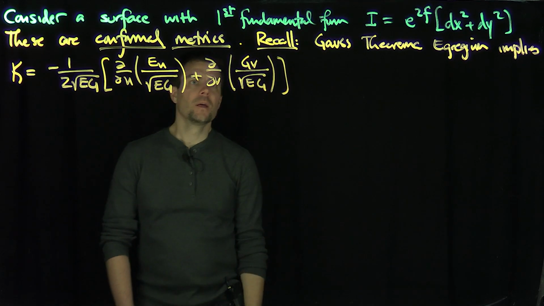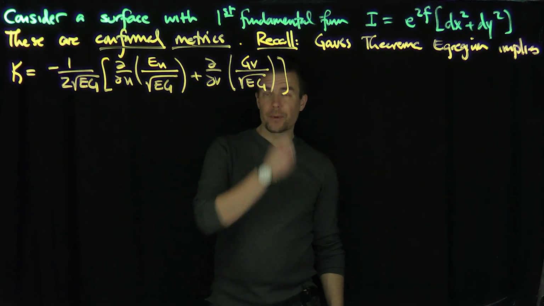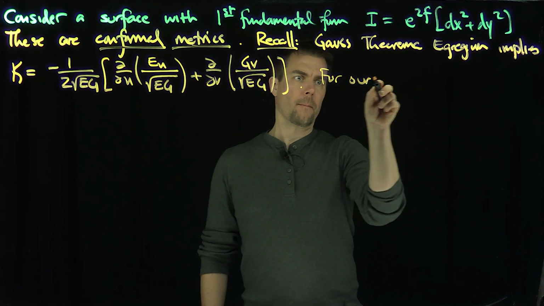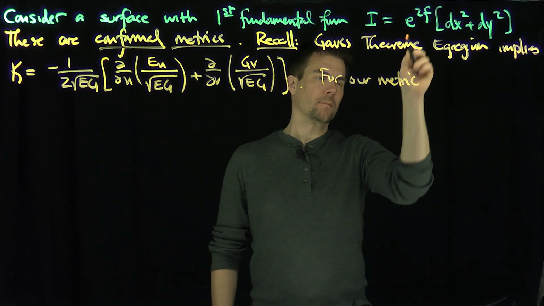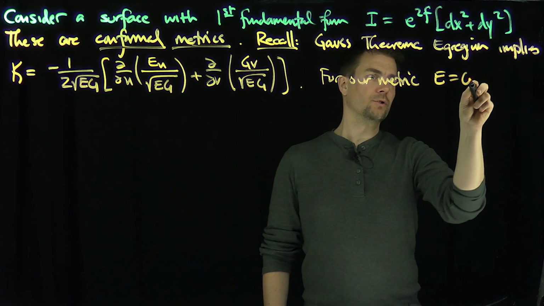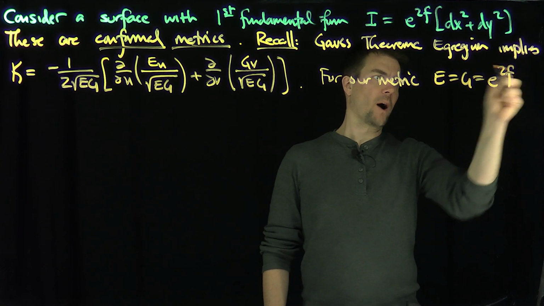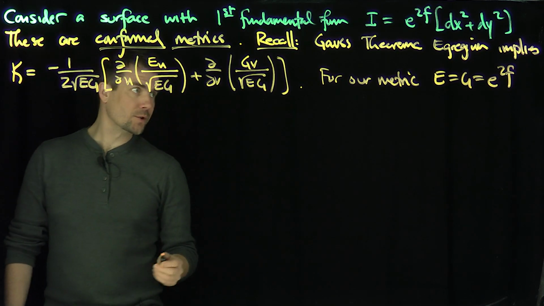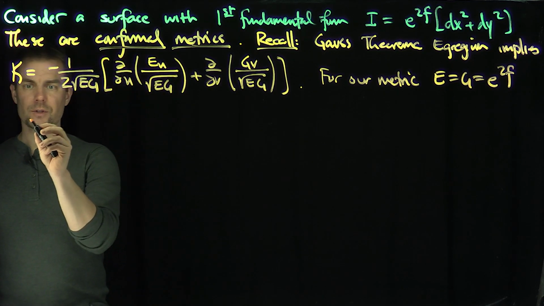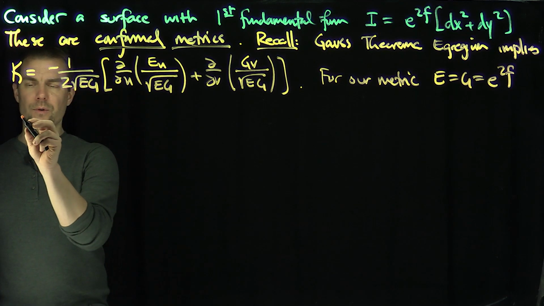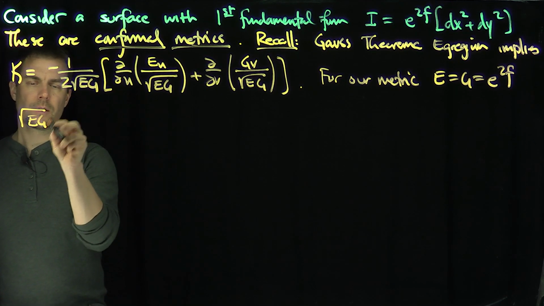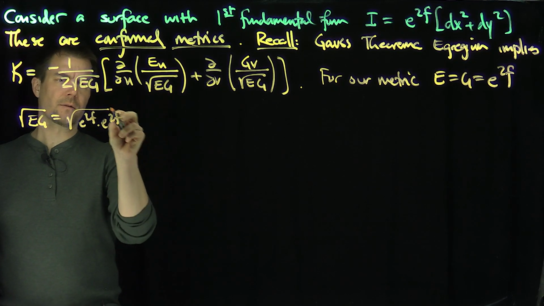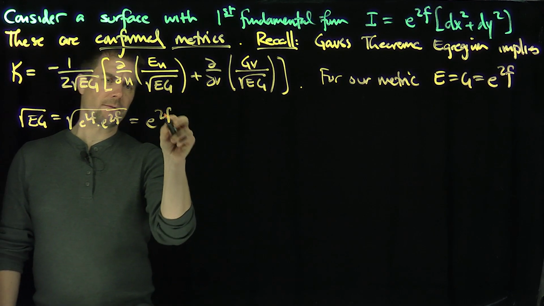Beautiful, okay? And so now, of course, for this metric, what happens? For our metric, E equals G equals e to the 2f, right? Beautiful. So let's do the calculation now. The square root of EG is going to be the square root of e to the 2f times e to the 2f, which is e to the 2f, right?